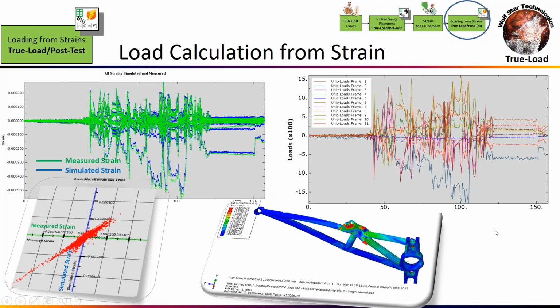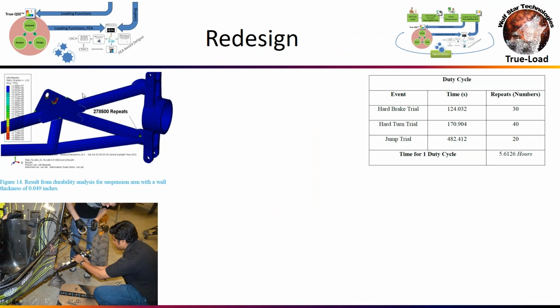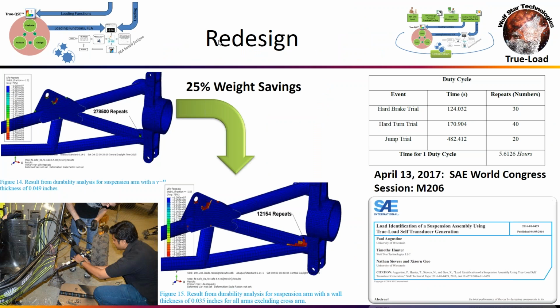So this was great, but the students wanted to reduce the weight on their suspension arm, and so they went through a redesign cycle. It was a pretty simple redesign cycle.